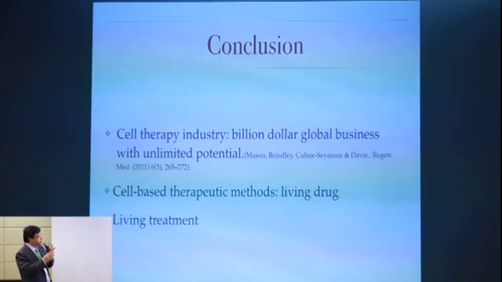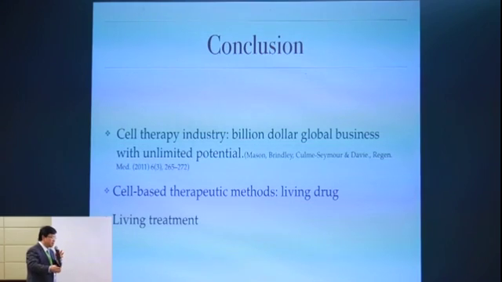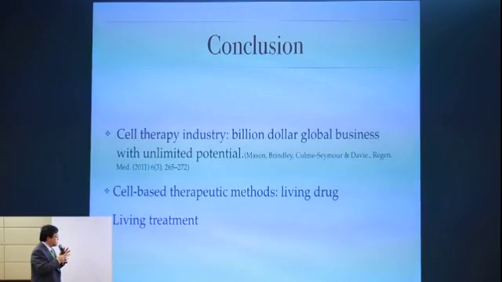What's the difference between cell therapy and other chemo drugs or biodrugs? Because the cell is a living drug. What it means is living. Living has its own wisdom. It can become more powerful when it meets different situations or environments.